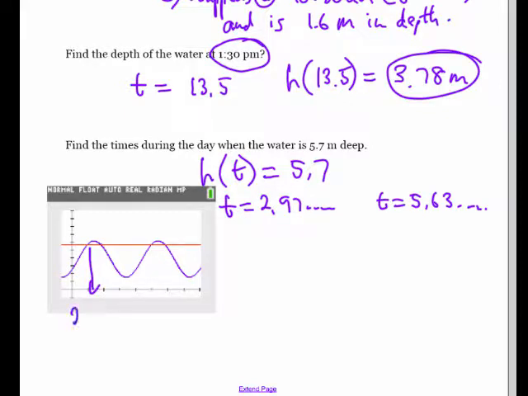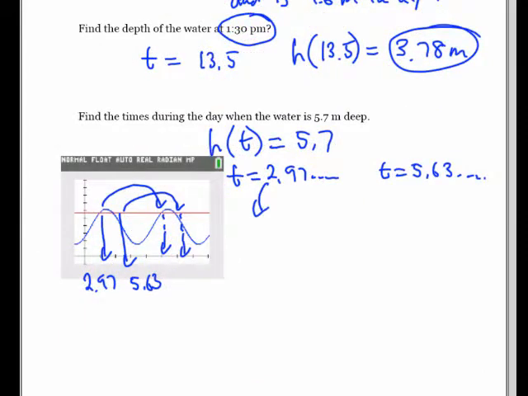So if this is 2.97 and this is 5.63, then the next answer is one cycle or one period away. And this one is one period away from this one. So to get the other two answers that I need, I simply have to add on the period, which is 12.4. We calculated that above.